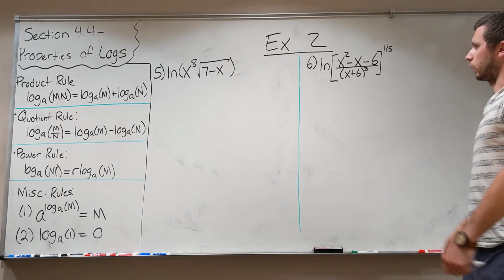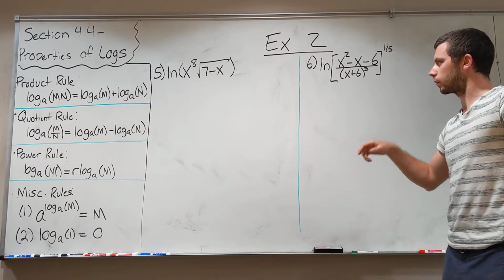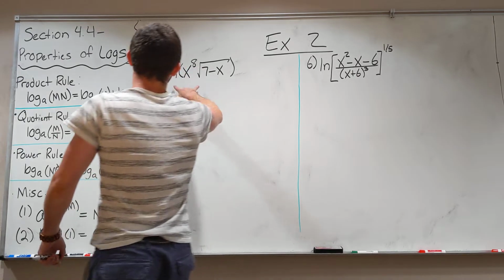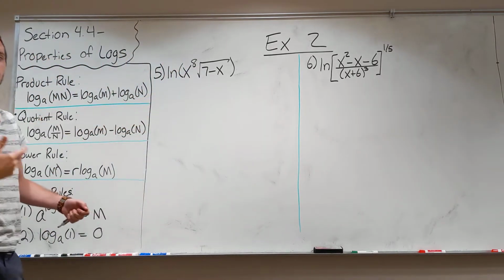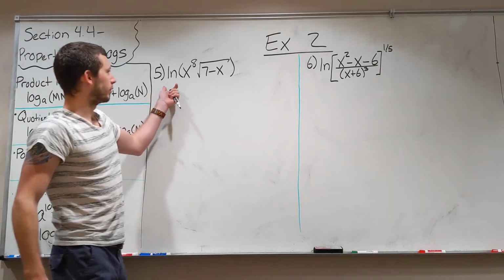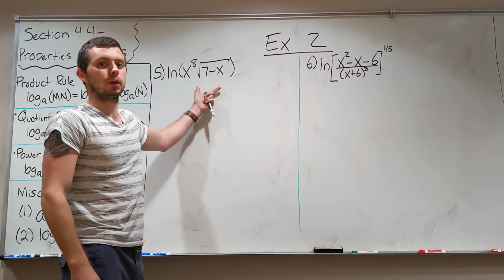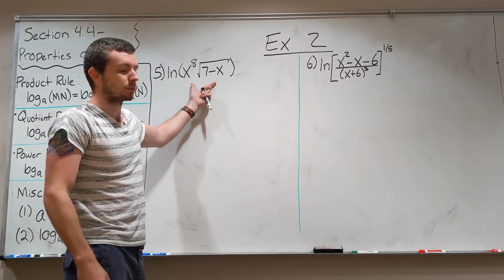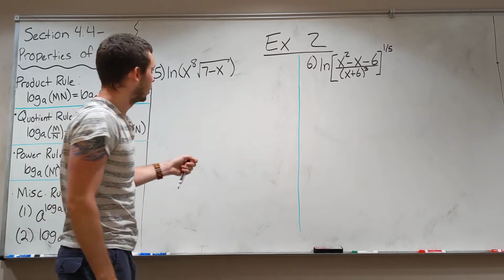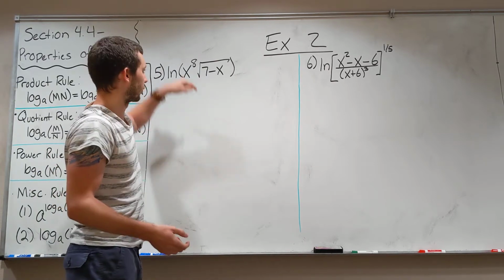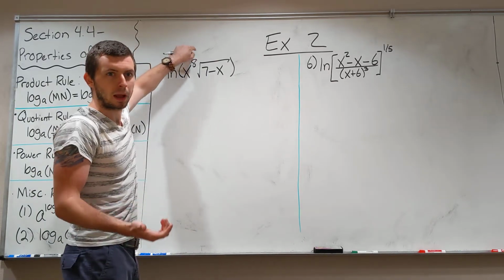So finally, we'll go ahead and look at problems 5 and 6. With problem 5, we again ask ourselves, are we taking the natural log of an exponent, a product, or a quotient? Well, there's definitely no quotient, but there are actually 2 powers.